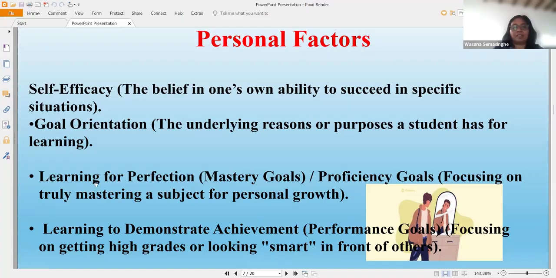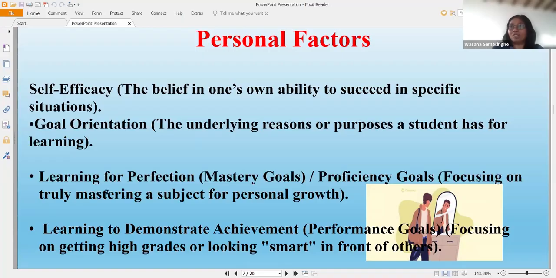Yes, you have been given two examples: learning for perfection, mastery goals, proficiency goals. What do you mean by proficiency? Focusing on mastering the subject for personal growth. Learning to demonstrate achievement, our performance goals, means focusing on getting high grades or looking smart in front of others. They are personal factors.